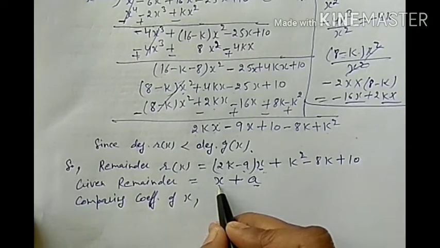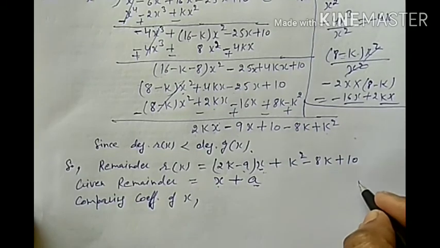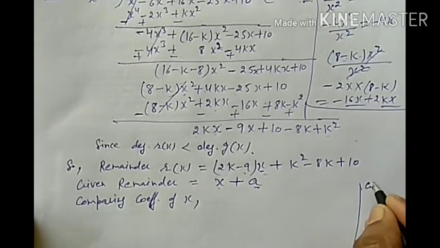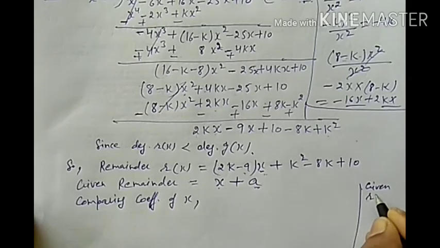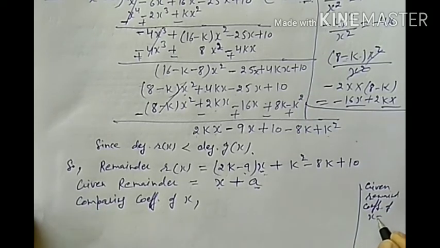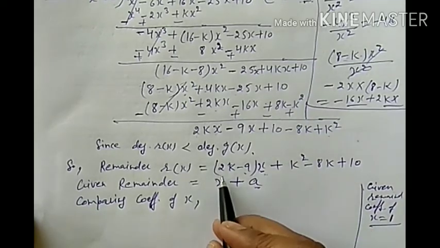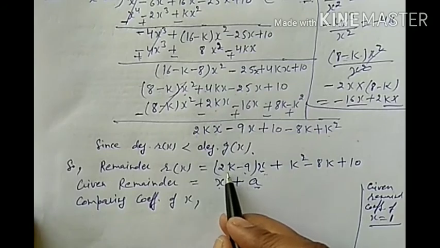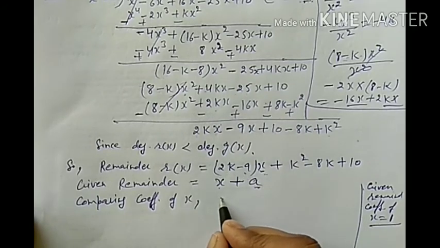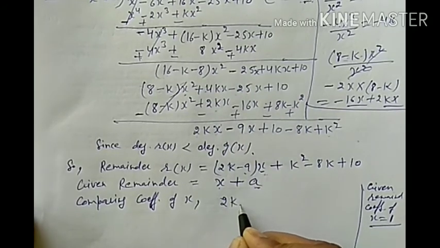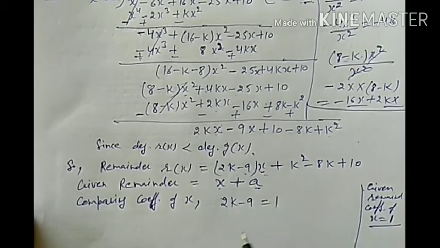In the given remainder the coefficient of x is 1 and here the coefficient of x is 2k minus 9. So 2k minus 9 is equal to 1.